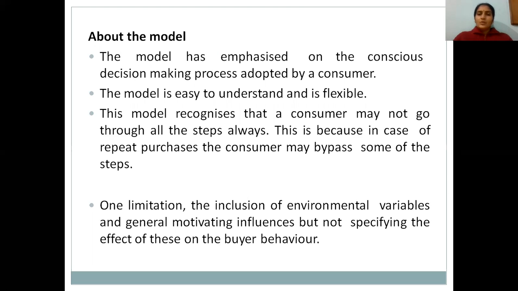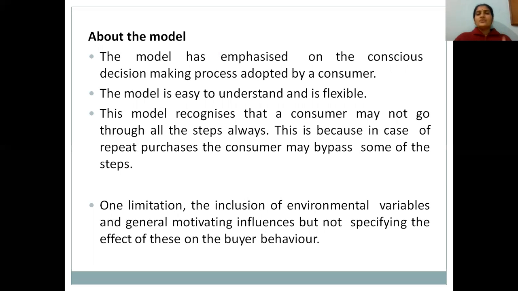So this model also explains that every consumer need not follow all the steps while making the decision. If a consumer is a repeater, he has already used that particular product, and now he is going for a repeat purchase. So when a particular consumer is going for a repeat purchase, he need not go through all the steps.